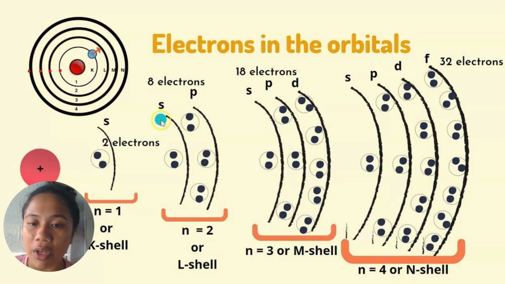The circle for the M shell is thicker than the L shell. And for N, it is also thicker than the M shell. So why is that, ma'am? Why do they have different thicknesses in their orbitals, or in the way the circles are drawn?